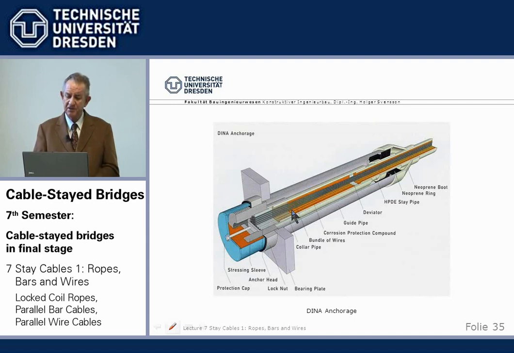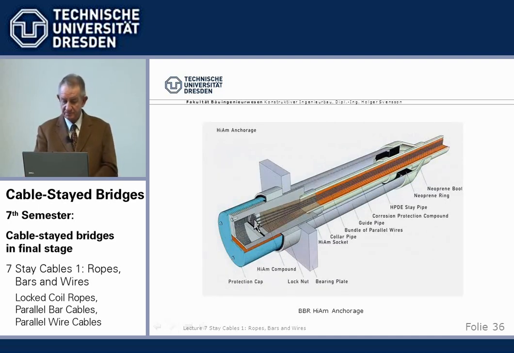It's basically the wires, they have this button head and are anchored here in a plate, a keeper plate, retainer plate. Later on, the development for bigger cables was how to develop a cold casting material. You remember I told you the disadvantages of the hot casting for the lock coil ropes, changing the structure, low fatigue strength.